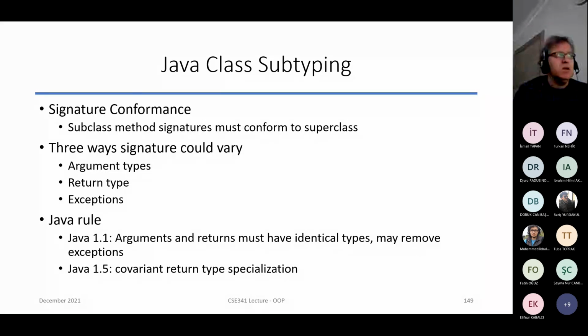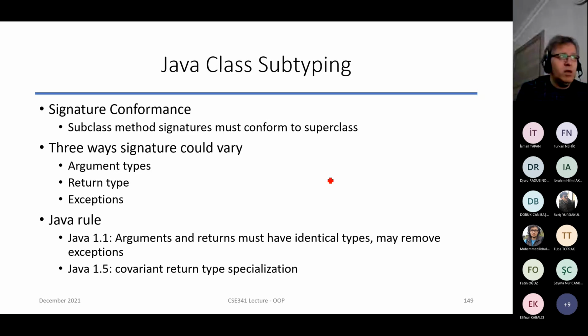One is that argument types can change, the return type can change, and the third one that we are going to look at now is exceptions. The exceptions that a method can throw can change the signature of a method.